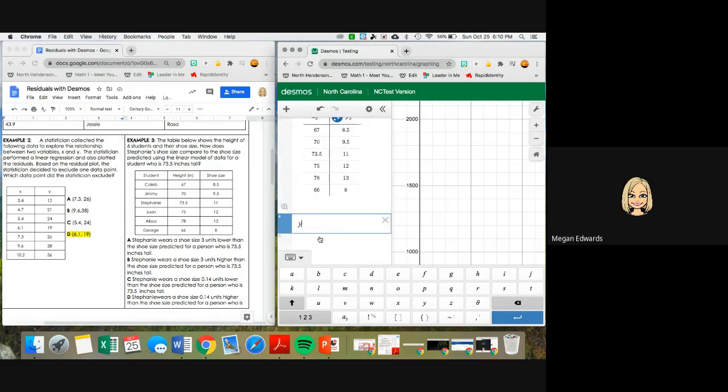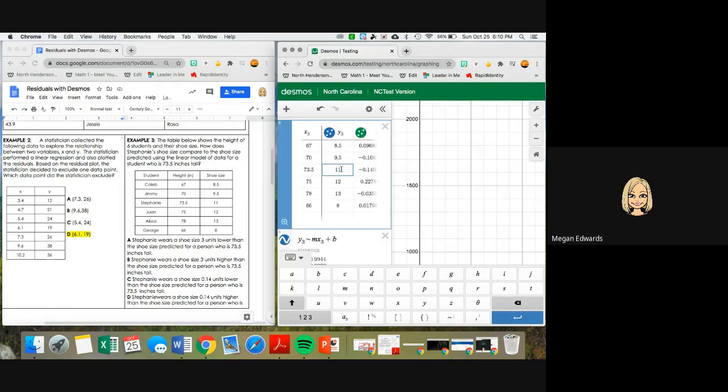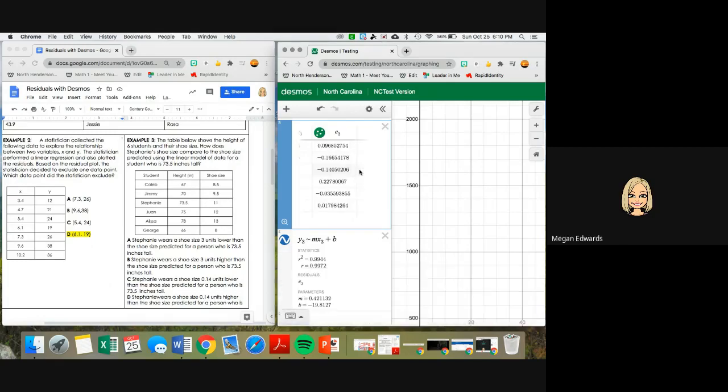So we're going to put in our equation. Our table uses x3 and y3. So we're going to do y3 is equal to mx3 plus b. Then we will plot our residuals. And we'll focus on this line right here. So her residual, since she wears size 11 shoe, was negative 0.14.